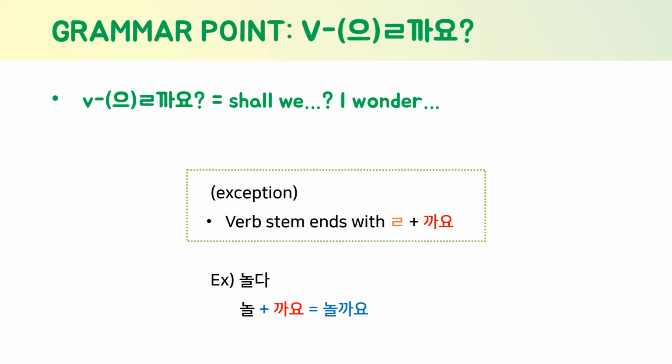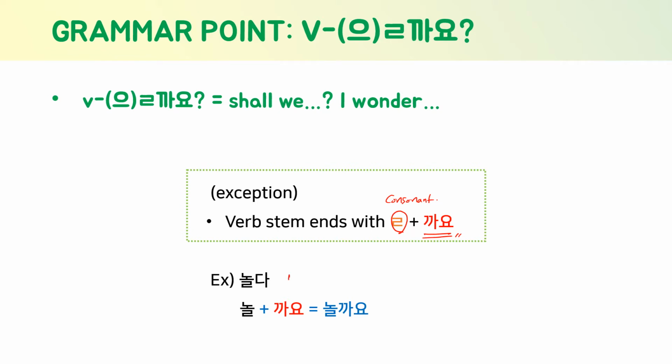But there is an exception. ㄹ, this is a consonant, right? But not the other consonants, but the ㄹ. If the verb stem ends with the consonant ㄹ, you add just 까요.